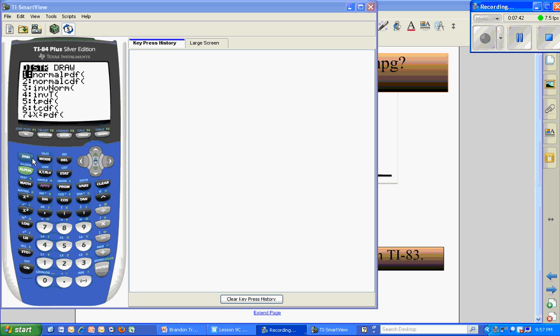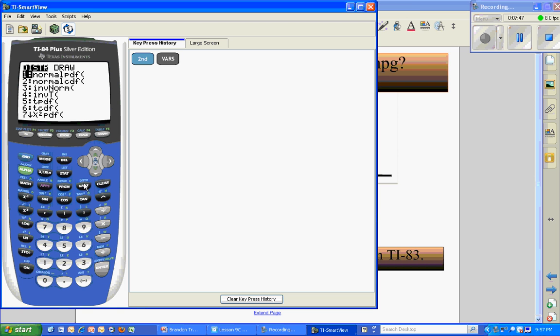Okay, you can get your normal CDF. We go second and the VARS button, and you'll get this menu, and you want choice 2.